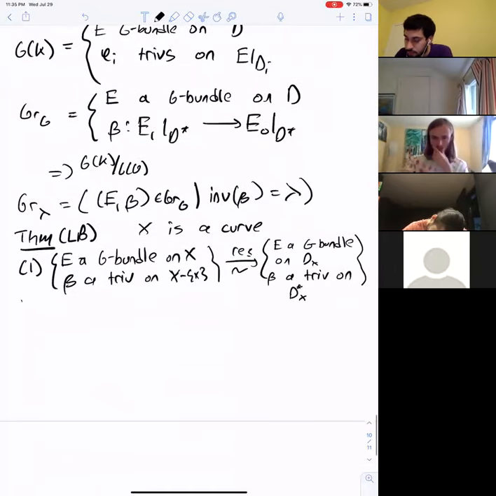And secondly, this is an extension of our intuition where a G bundle on two disks glued together is a G bundle on each one plus an identification.